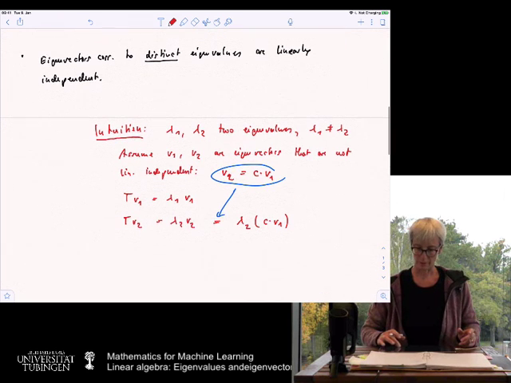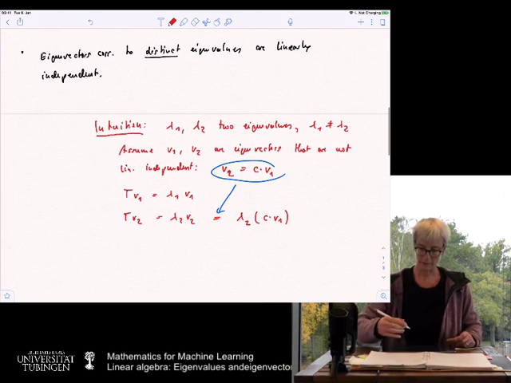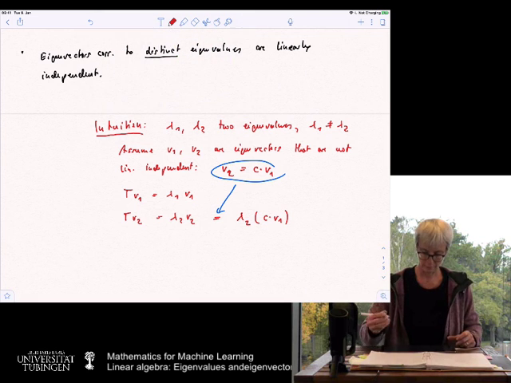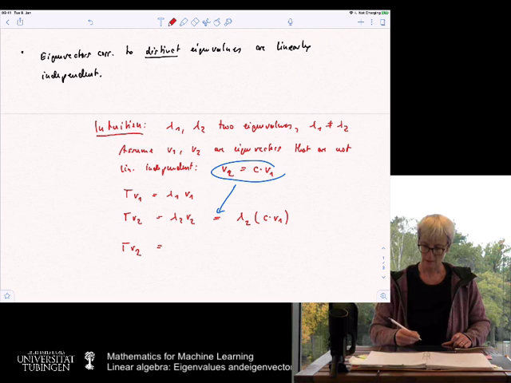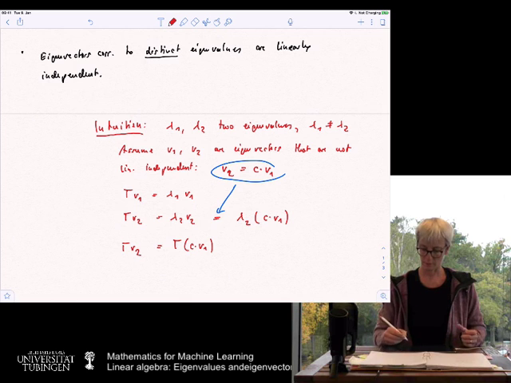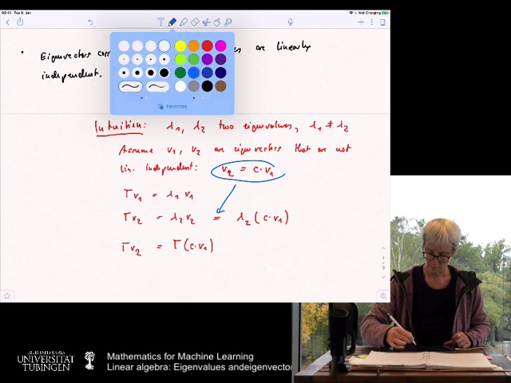Okay, so this is the one thing, but I could also write it in this way. I could start with T of v2, which is T of c times v1.